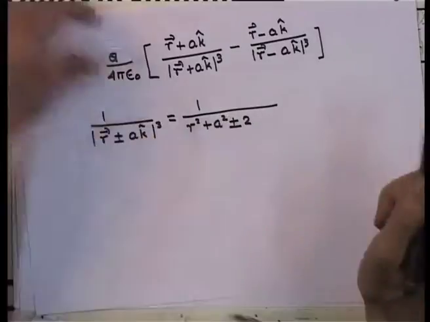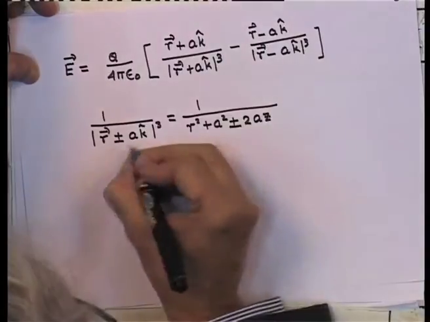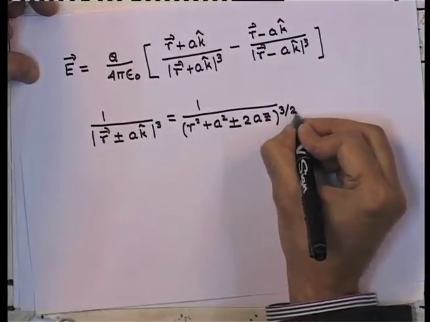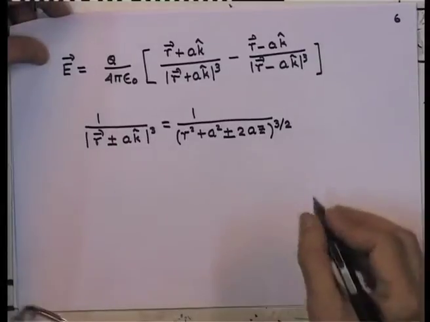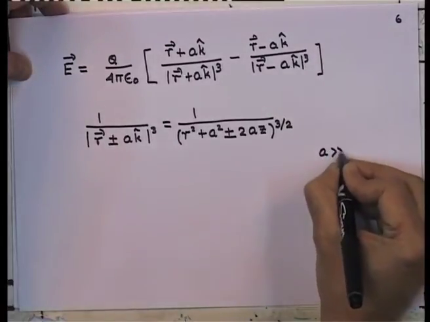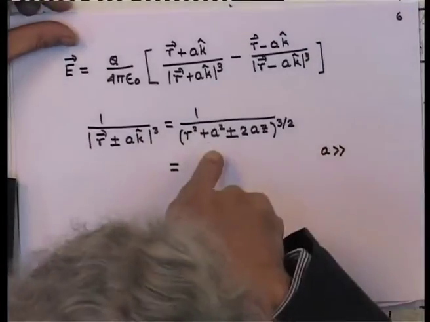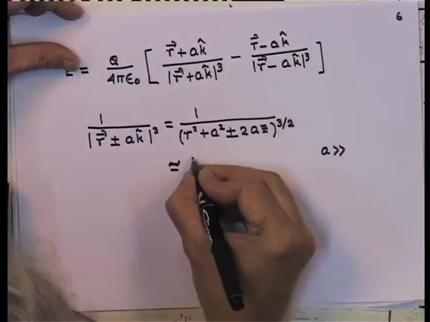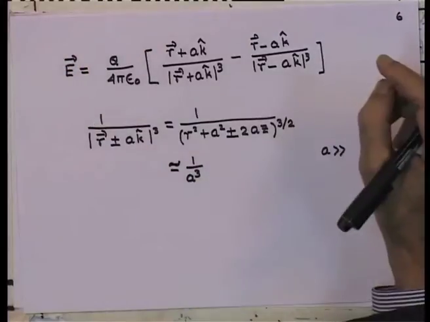So, therefore, I simply have plus or minus 2 times a times z, but this is squaring it, I need a cube. So, this is raised to the power 3 by 2, and I need to take the distance a to be very large. So, if I do that, this quantity here you can see is approximately equal to 1 over a cube. The remaining numbers are small compared to that.